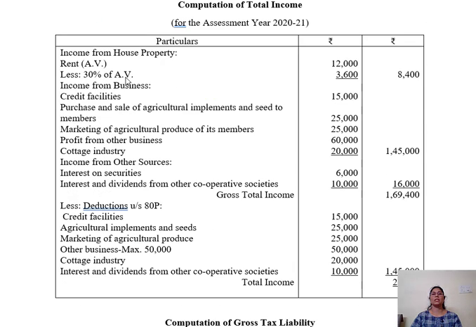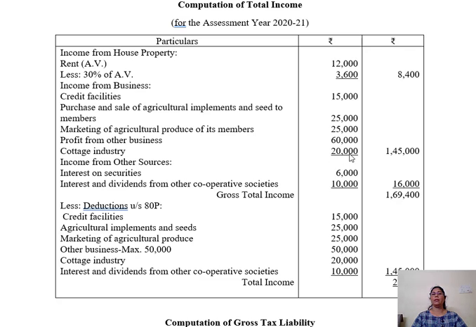First is income from house property: rent, that is annual value, less 30% of annual value, 30% of 12,000, and therefore you will get 8,400 as the income from house property. Next head is income from business. Credit facilities 15,000, purchase and sale of agricultural implements 25,000, marketing of agricultural produce 25,000, profit from other business 60,000, cottage industry 20,000.